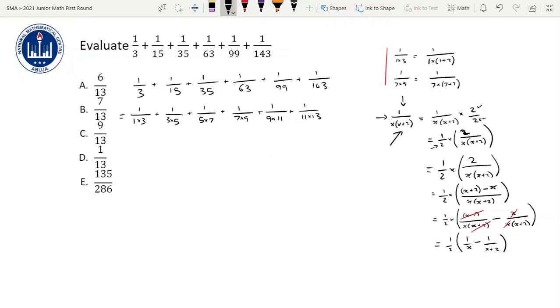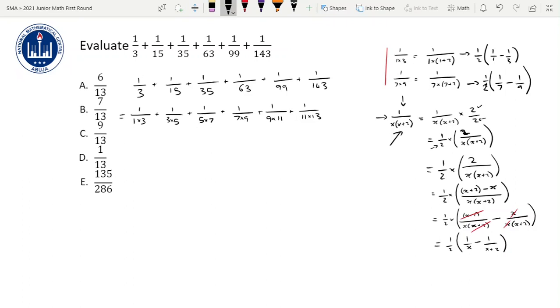So we can write 1 over 1 times 3, for example, as 1 over 2 times (1 over 1 minus 1 over 3). We can write 1 over 7 times 9 as 1 over 2 times (1 over 7 minus 1 over 9).